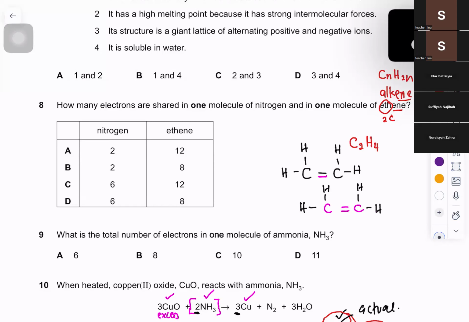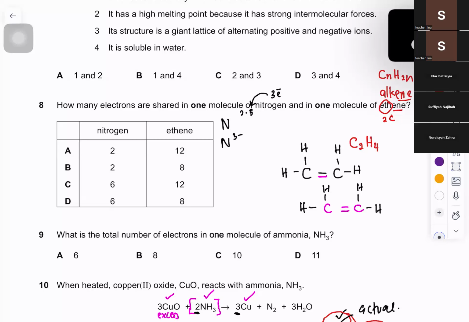So, alkene settled. Now for nitrogen. Nitrogen has proton number 7, so 2.5. To achieve stability, it must receive 3 more electrons, so its charge will be 3 minus, N3 minus.